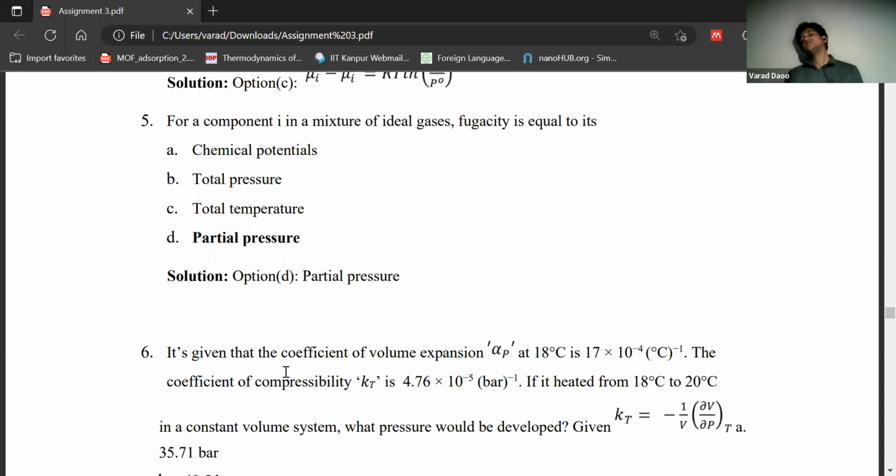Anybody was able to solve it? I'll give you some time. You can take 5 minutes to solve the question, and then I'll show the solution.